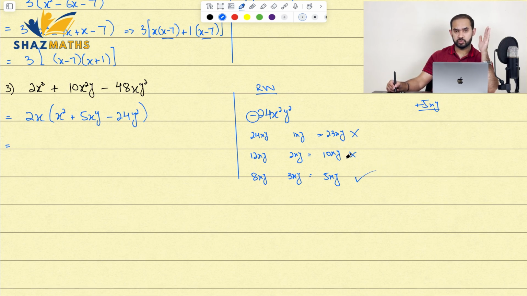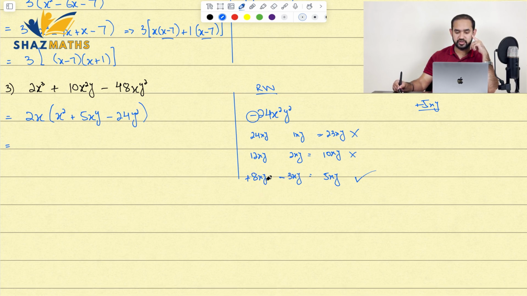Next thing was, you will think about the sign of these two factors. Because we have to subtract the two factors, one term would contain the positive sign, the second one would contain the negative sign, and the sign of the middle term will always be with the bigger term. So this will contain positive and this will contain negative.